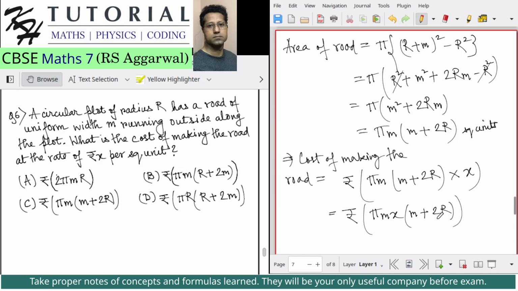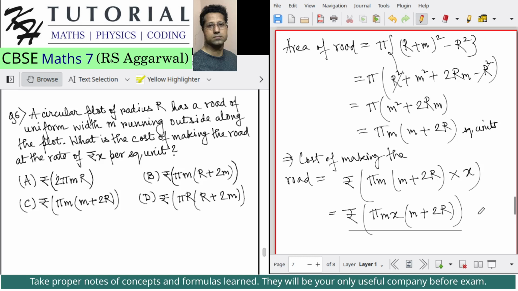X is missing in all the choices, so this should be the answer, rupees pi m x multiplied by (m plus twice R). So I think the nearest choice that matches with my answer, even though x is not there in any of the choices, should be pi m (m plus twice R). So the choice should be C, but x is missing. So it's my mistake, I have forgotten to give the x in all the choices. Anyway, so this is the cost.